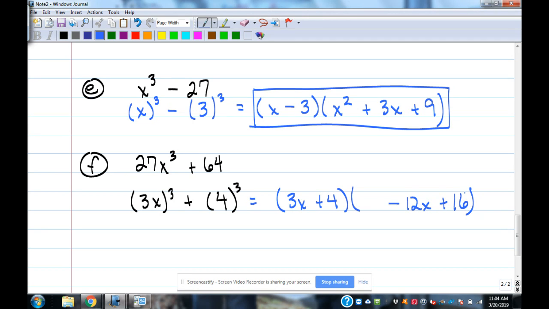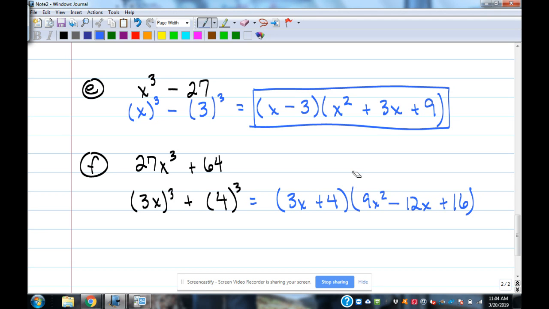The only one I don't agree with is the front one. Not 3x squared. It'd be 3x times 3x squared. So what I mean is 3x, quantity squared, when I say that. So that's 9x squared. That's what that'll be.